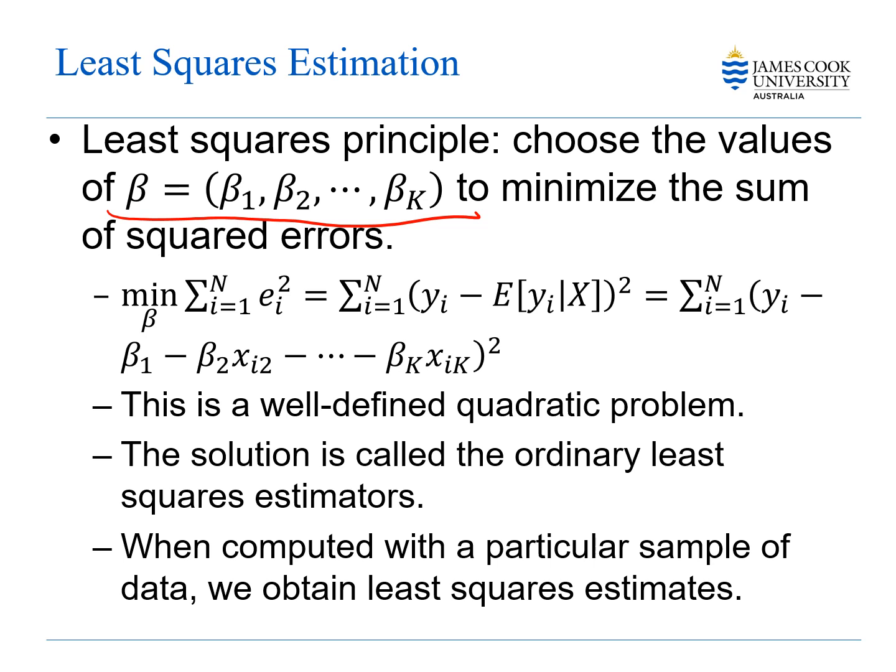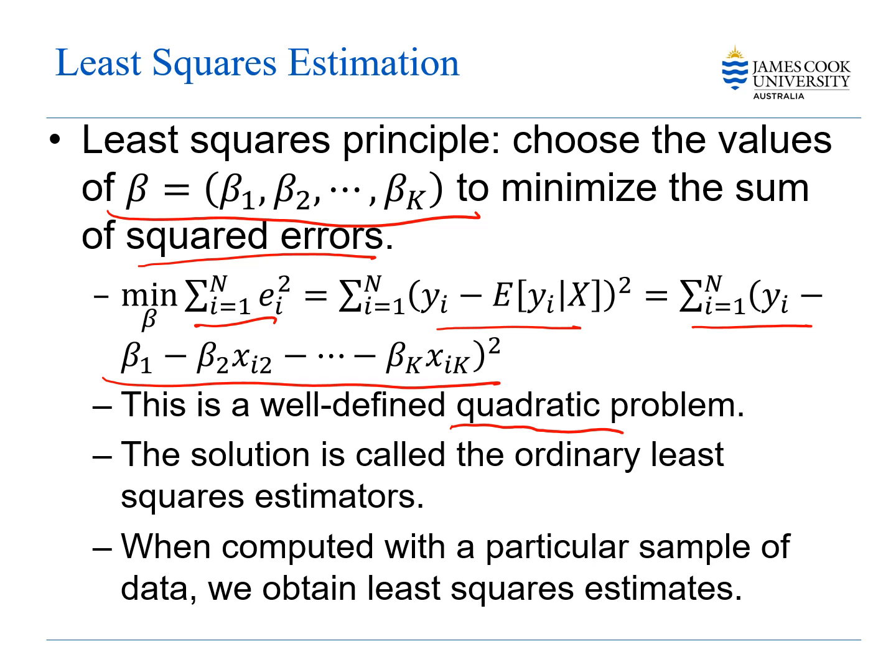To minimize the sum of squared errors, plug this one in here, you get this objective function. This is a well-defined quadratic problem. Okay, this is a quadratic function, so it's well-defined, which means that it has a minimum and it has a globally unique minimum.